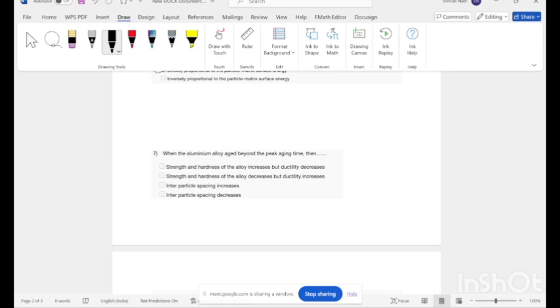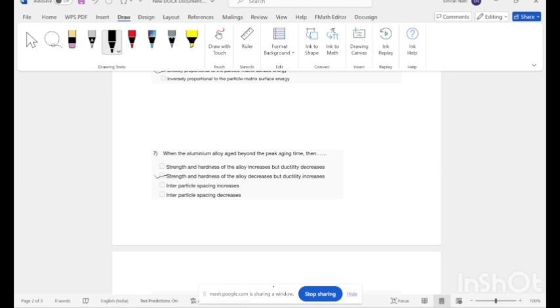Yeah, strength and hardness decrease, and one more option is correct. Interparticle spacing decreases, ma'am? No, it will not decrease. What will happen after peak aging time?